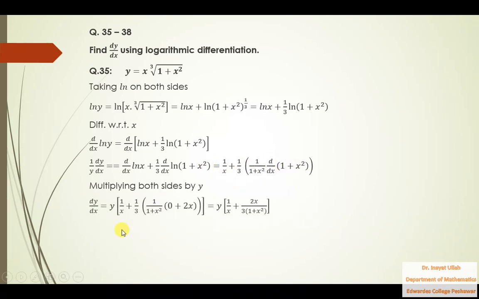So you see, y is multiplied with this whole side, and we have applied this derivative within these brackets. Derivative of 1 is 0, and derivative of x square is 2x. Now 2x into 1 is 2x, that is dy dx.